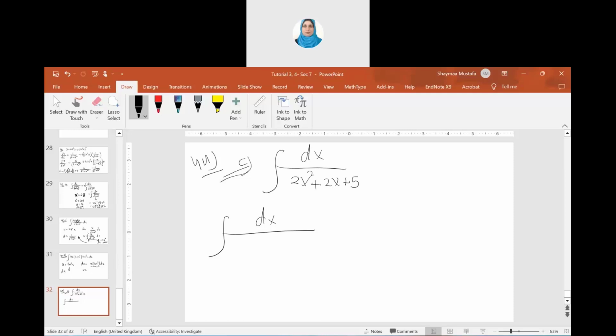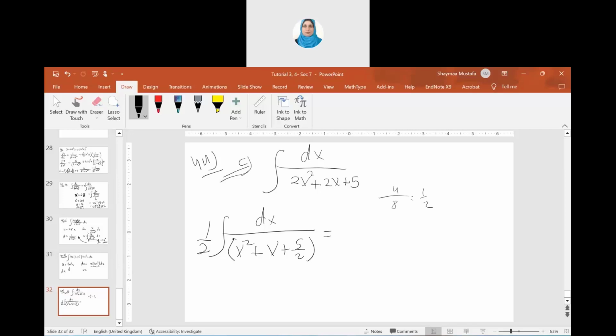Because b squared over 4a, you have 4 over 8, 1 over 2. Right, then you have 2. I think you can take 1 over 2 outside first, maybe easier. x plus 5 over 2.